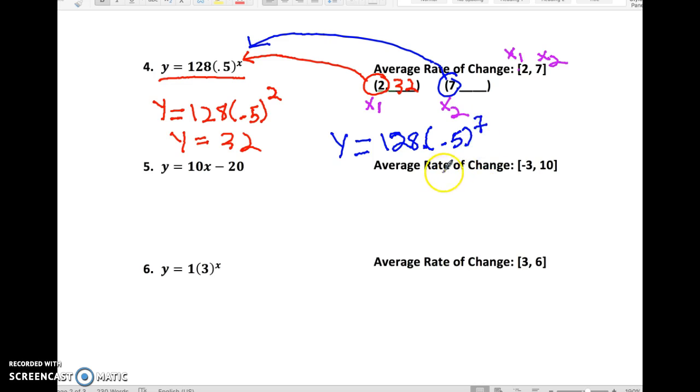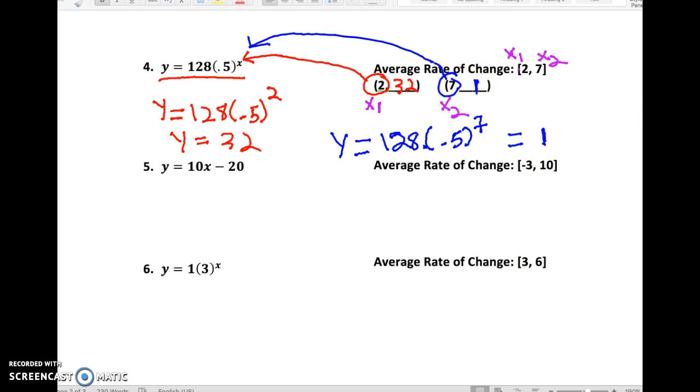If I raise that to the 7th power, I get 7, and the output will be 1. So now I have my two ordered pairs: 2 and 32, and 7 and 1.